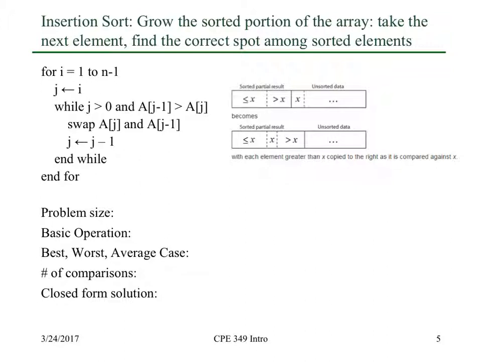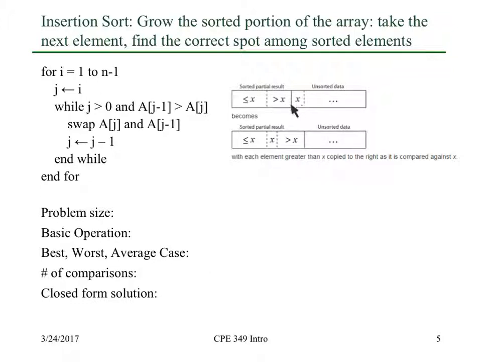Okay, so again, our problem size is going to be the number of elements to be compared. The basic operation will be comparison. But now the best case and the worst case are going to be different. Because if it's already sorted, then you're only going to have to compare x with this first element.